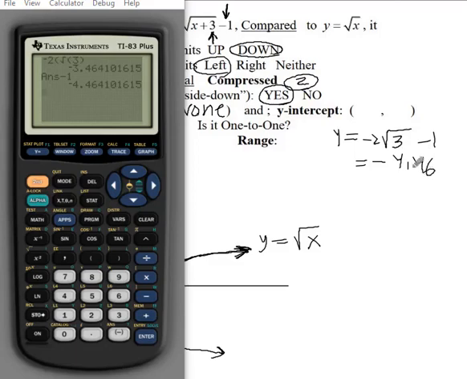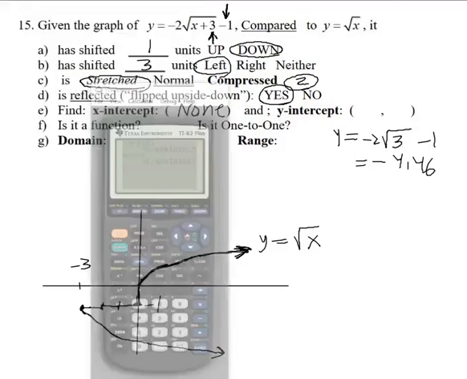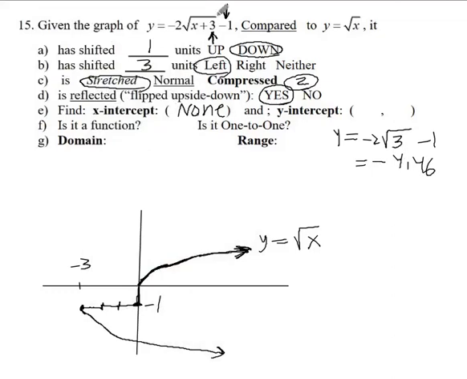So when x is equal to 0, y would be equal to -4.46, and that would be this value here. That would be where your graph is going to intercept the y-axis. So it would be about -4.46 right there. Okay, the y-intercept would be (0, -4.46) then.